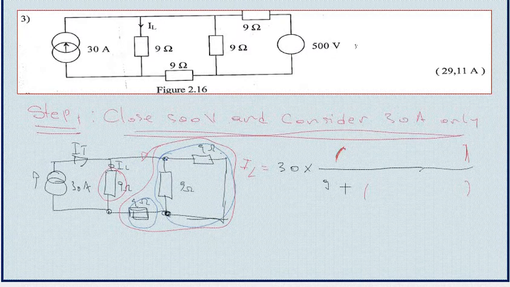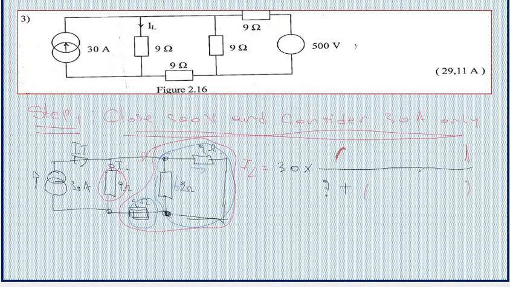At this point the current splits, so one part goes across this resistor and another part across that one, and then at this point the total current gets restored. We have the same current that also passes in this resistor. Here I can see that these two are in parallel since the current splits.